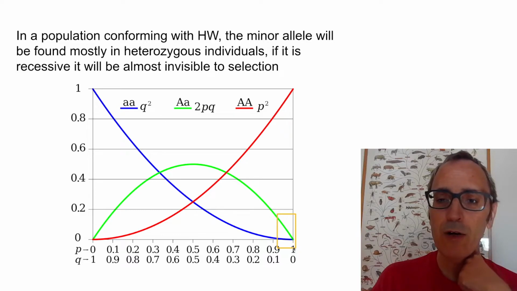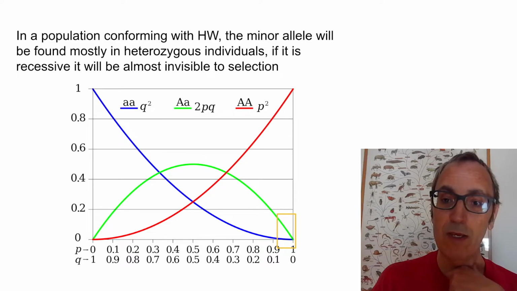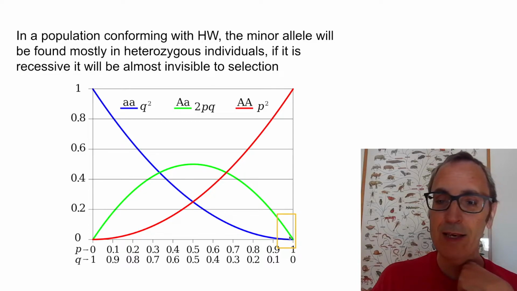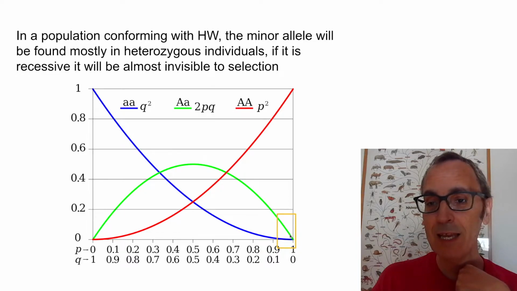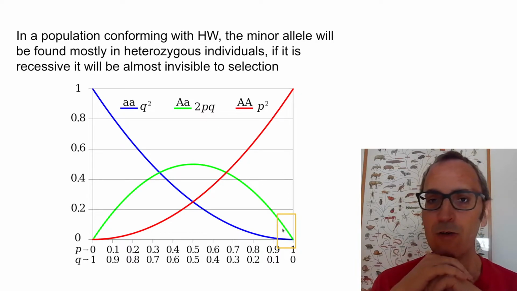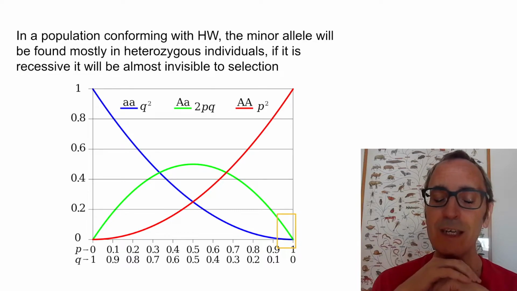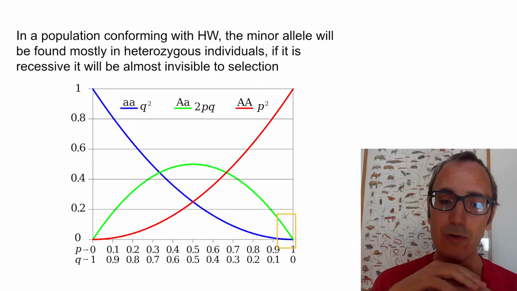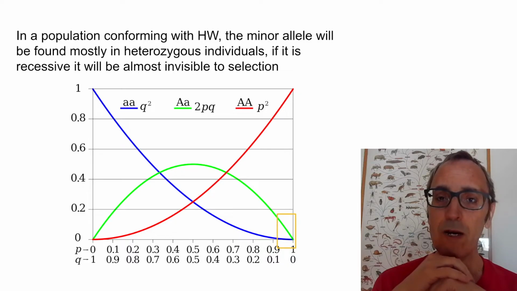So when you are close to fixation, and remember that most loci will be close to fixation in most populations, then you can see that the allele that is in the lowest frequency, the minor allele, will be mainly in genotypes that are heterozygous. So you will have very few homozygous genotypes. This is a conclusion that you can derive if you assume Hardy-Weinberg.